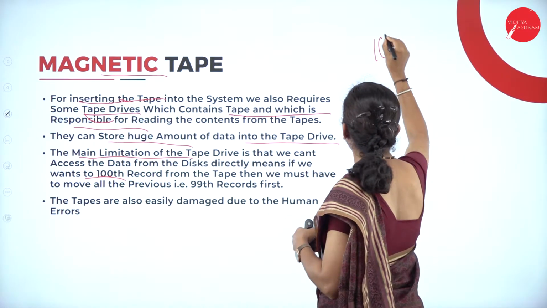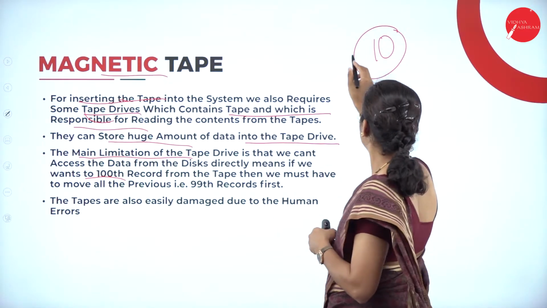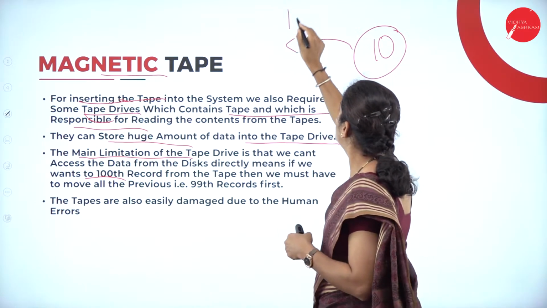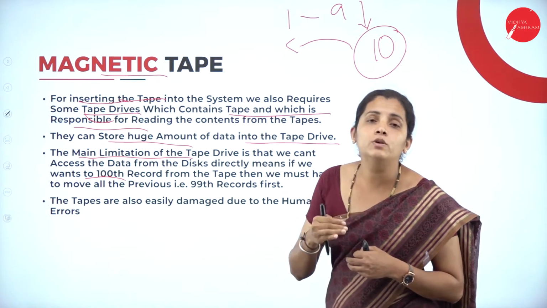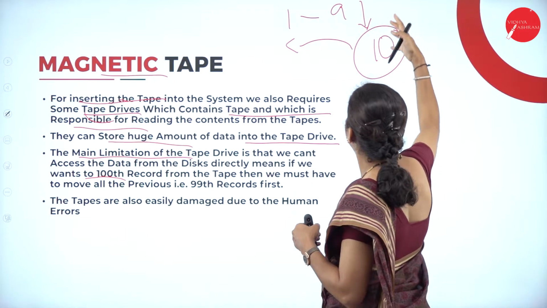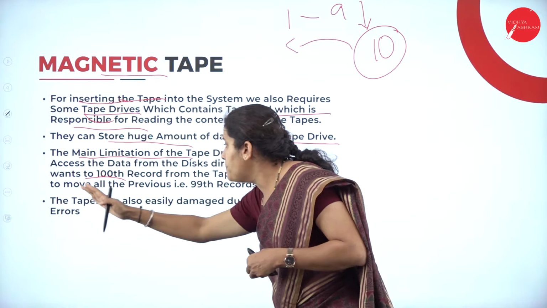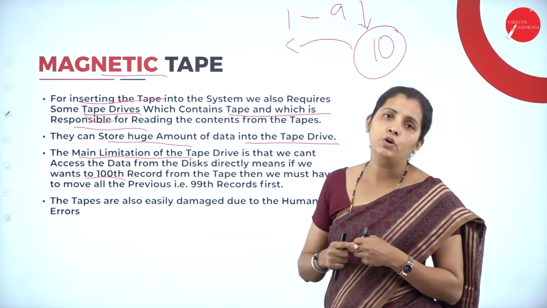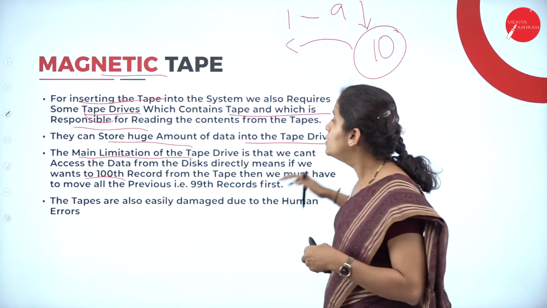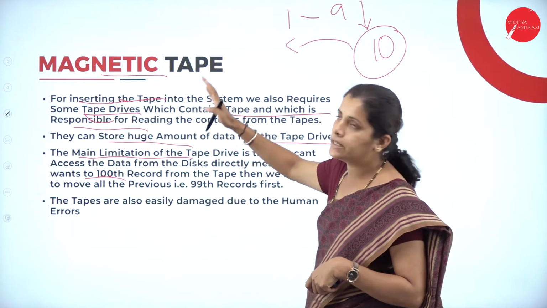If you want to read the 10th record, you have to start from 1 to 9, and only then are you able to read the 10th record. The tape is also easily damaged due to human errors. These are some of the disadvantages of magnetic tape.